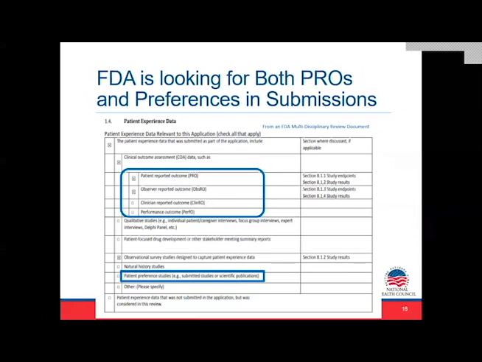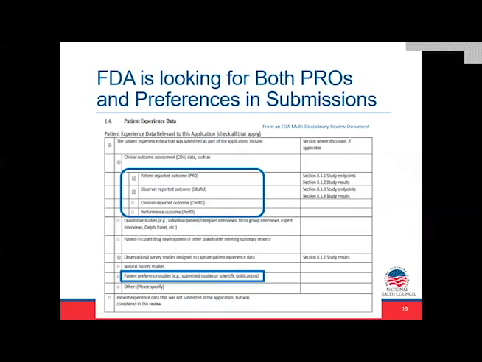The FDA actually is interested in both of these. And you could see this in a new document or change to a document they have, the multidisciplinary review document, which you can look up for approved drugs, has a new section called Patient Experience Data. And you can see there's a whole section on clinical outcome assessments, including PROs, and a section for patient preference studies, either those done within the trial or submitted, or scientific publications done outside.